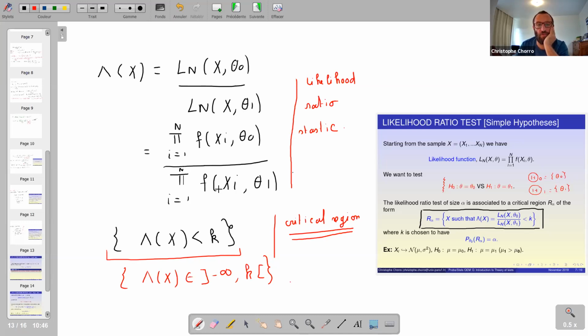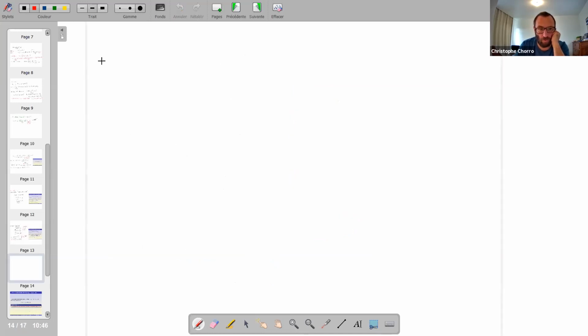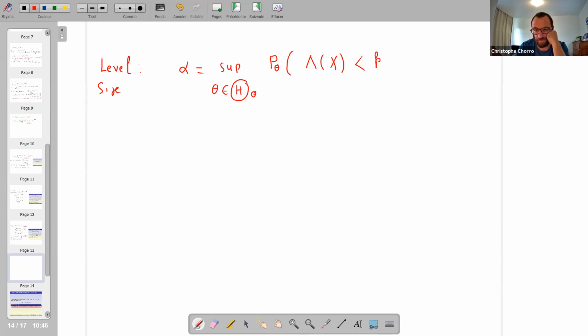And of course, in my situation here, the level is equal to what, or the size? It's the same thing. I know that alpha is defined as the supremum for theta belonging to capital theta 0 of the probability under theta that delta of x is strictly less than k.